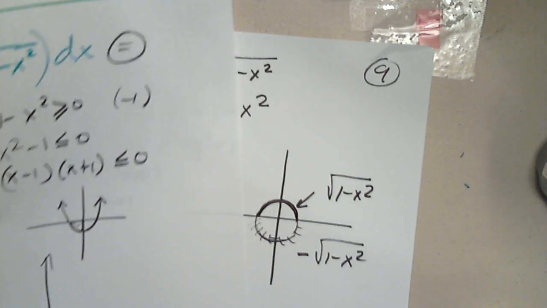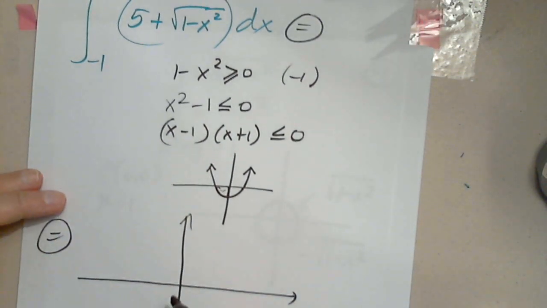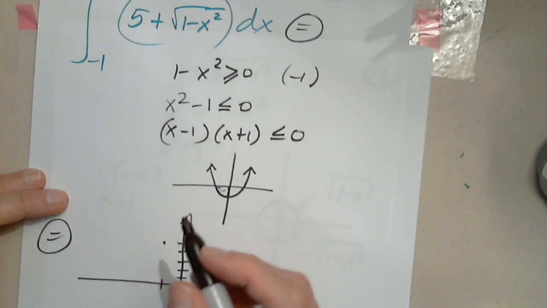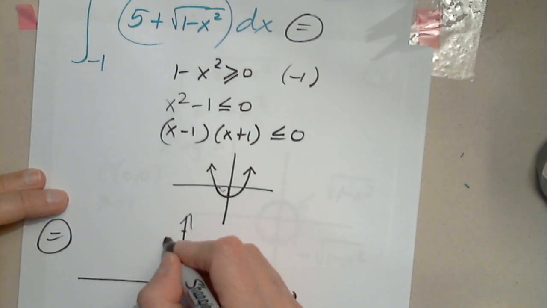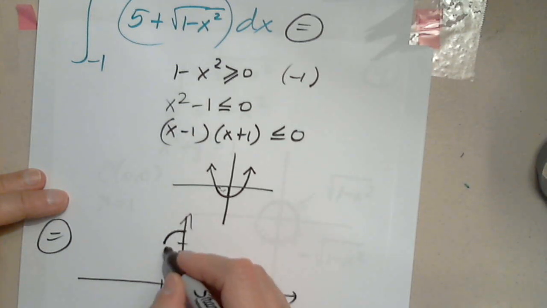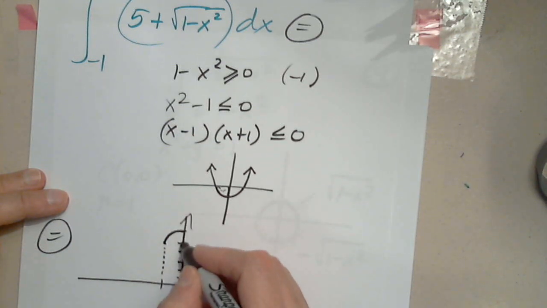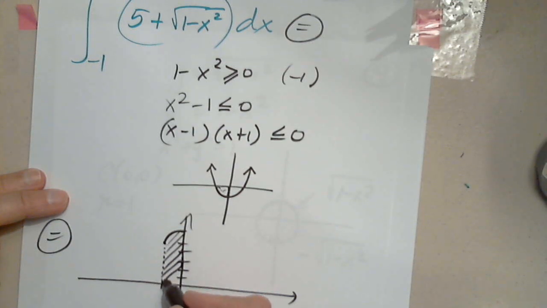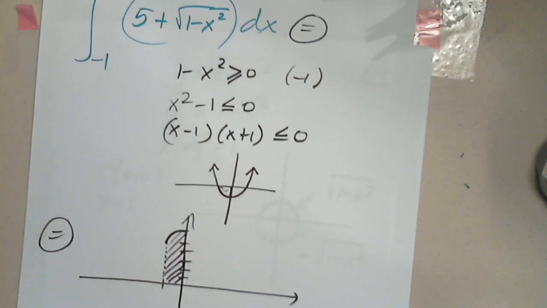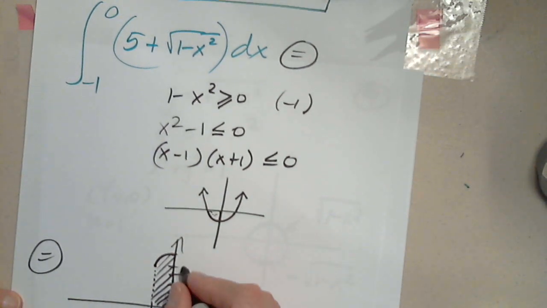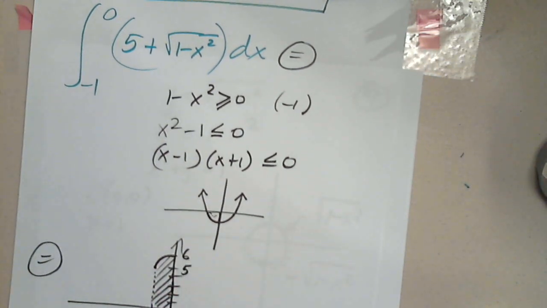So coming back to my graph, 1, 2, 3, 4, 5, -1, and it goes up to 1. So this is the integral, and this is the area in question between -1 and 0, and this is 5, and this is 6.